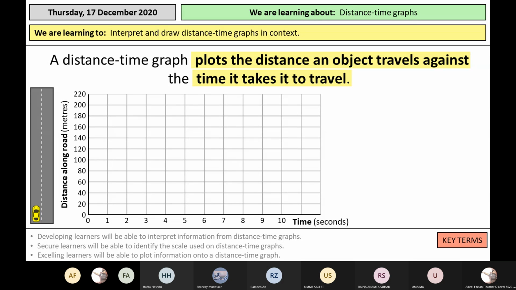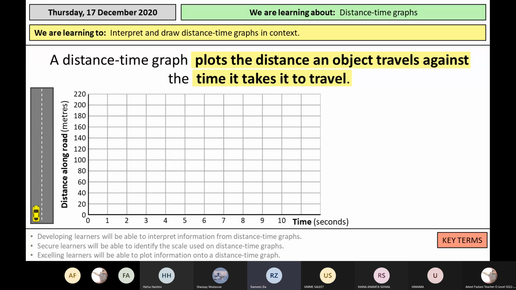What I mean to ask is that distance is given in meters here. So is there any other unit for distance? Kilometer. All right, excellent. Anyone else? Centimeters. Excellent. Millimeters.